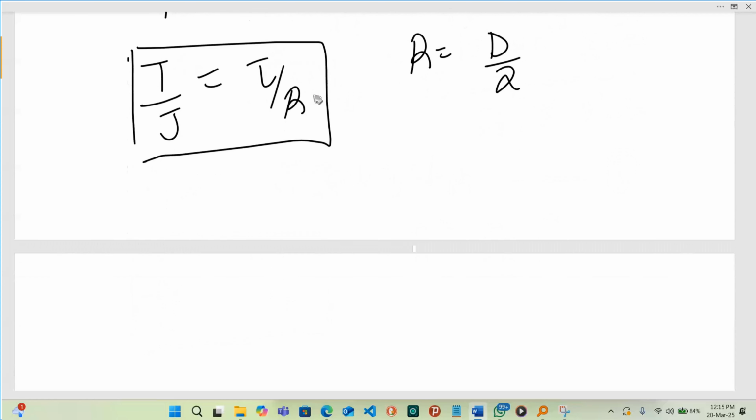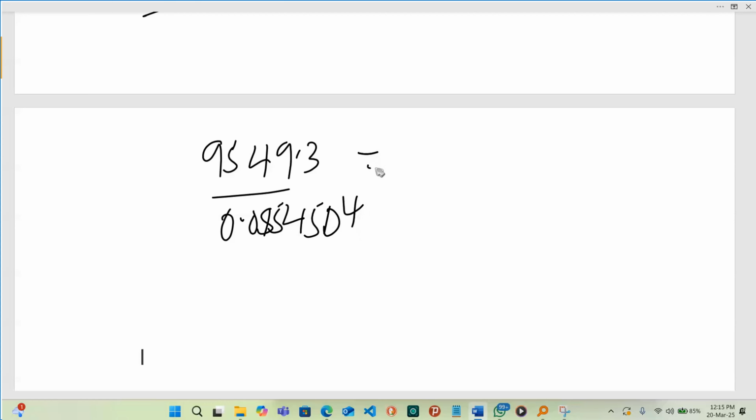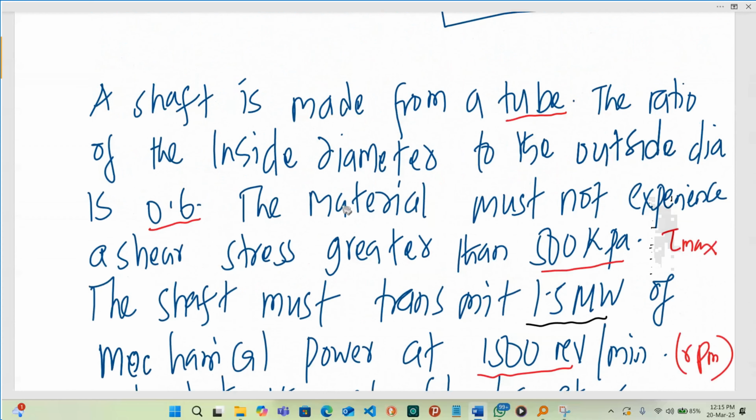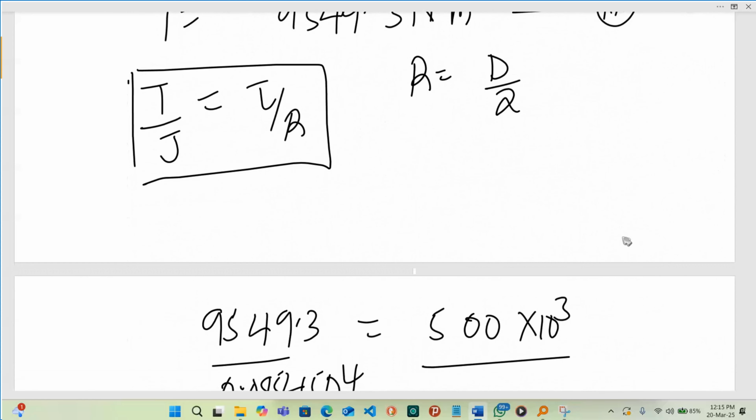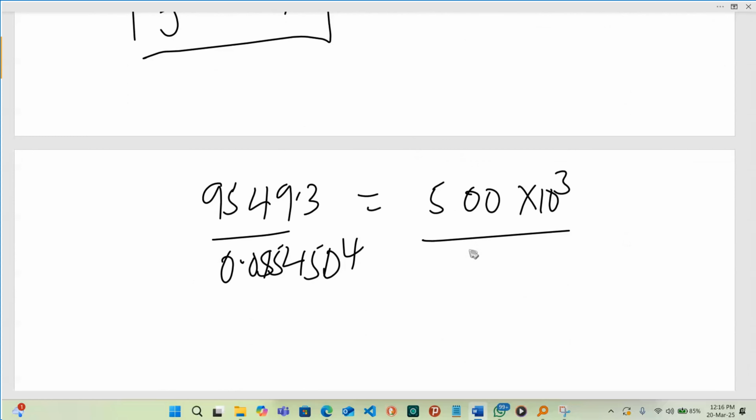So we can now apply in torque: 9549.3 divided by 0.08545 D to the power 4 equivalent to tau. Tau is known as 500 kilopascals, that is 500 times 10 to the power 3 pascals, the maximum shear stress that we have here. Then we are dividing it by R, which is actually D out of 2.